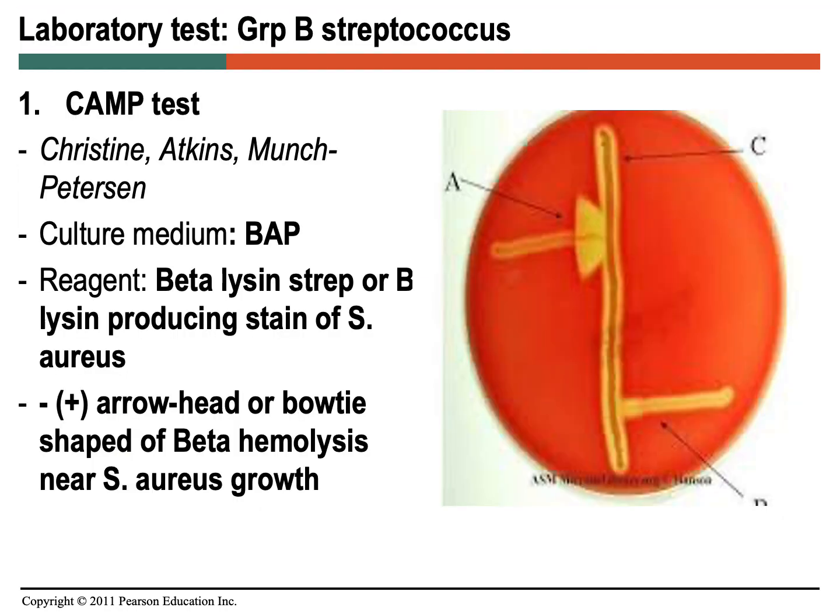So how do we test for group B strep? Again, one is the CAMP test. The CAMP test, as I said earlier, stands for Christie, Atkins, Munch-Petersen. The culture medium is blood agar plate. The positive reaction, class, is an arrowhead or bow tie shape of beta hemolysis near the Staphylococcus aureus growth.